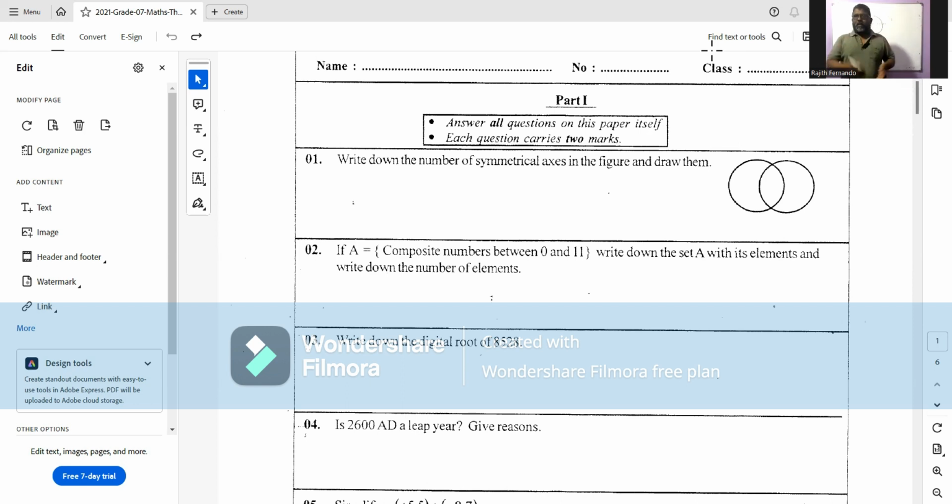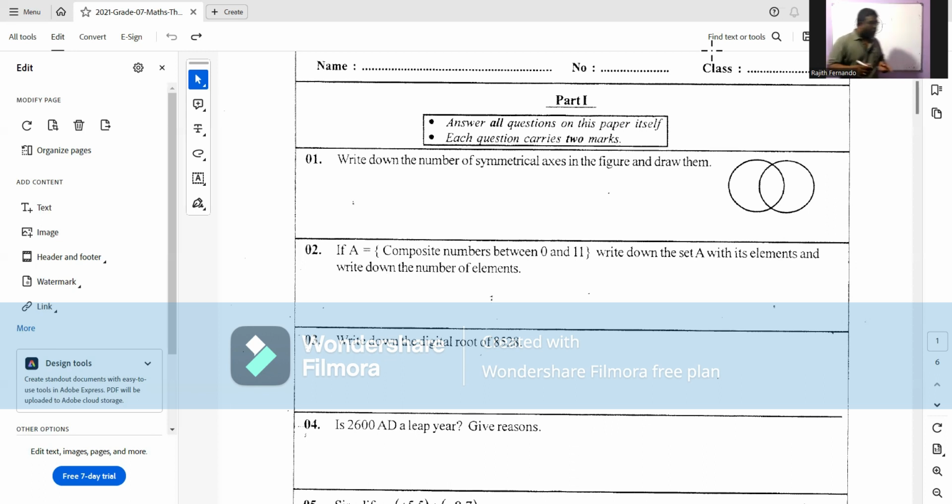One of the ways, which is in the question paper also, is to put a capital English letter and an equal mark, and within the curly brackets you can give the property of the set. You can describe the set. That's one way that is on the paper. And what's the next method? Next method, you can explain sets.